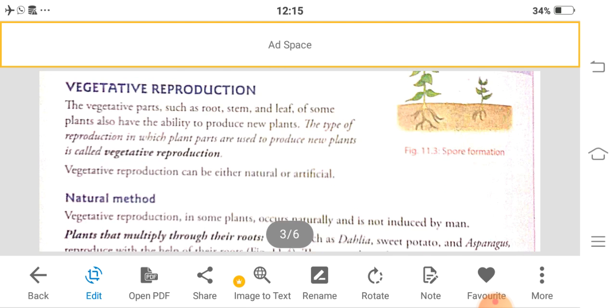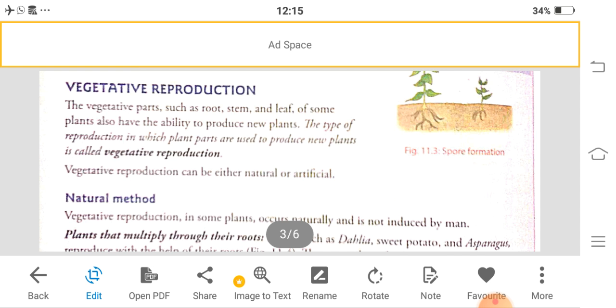Now we will see the second type of reproduction which occurs in plants, that is vegetative reproduction. Vegetative reproduction is reproduction carried out by the parts of the plant. In vegetative reproduction, parts of plants such as the stem, root, leaf and fruits are used to make a new plant.